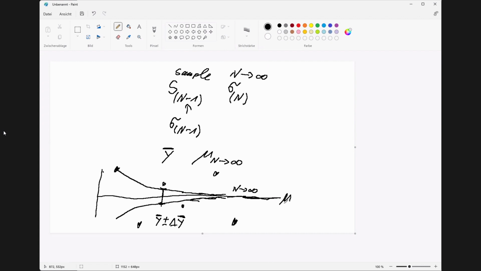And the expected value of the mean has no plus minus. That is the difference. This is a theoretical value, because in practice you can never have an infinite number of measurements. That is the expected value, what you would like to have, but what you never get because you cannot measure an infinite number.